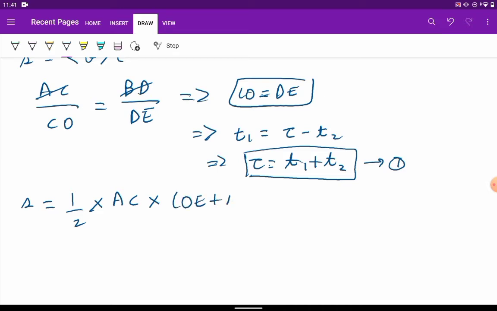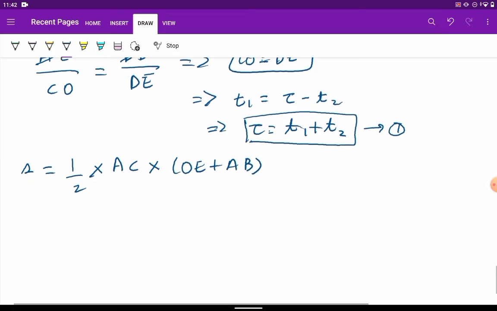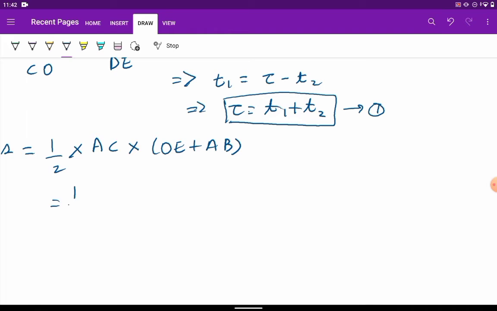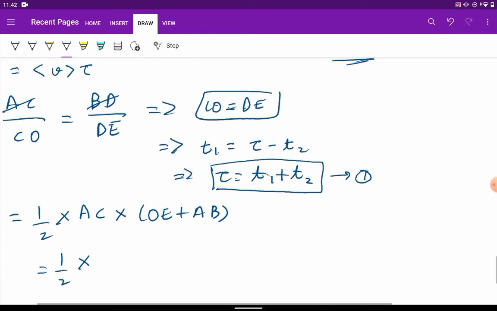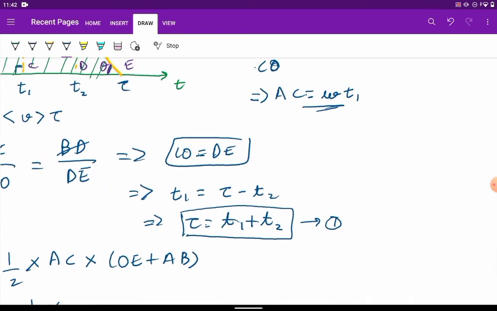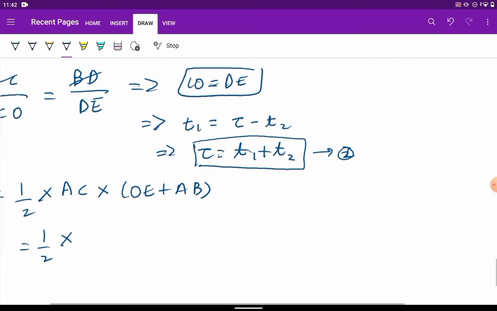Okay, so we already know that AC, so I'll write this as 1 and I'll write this as 2.